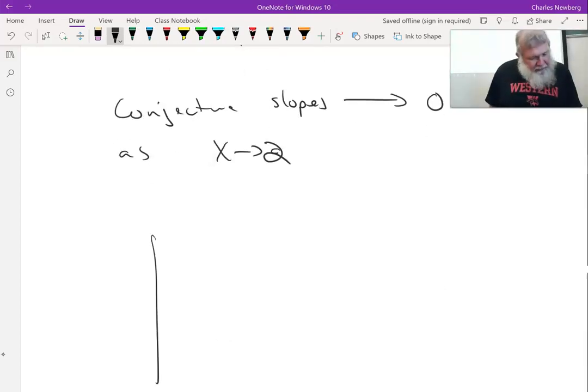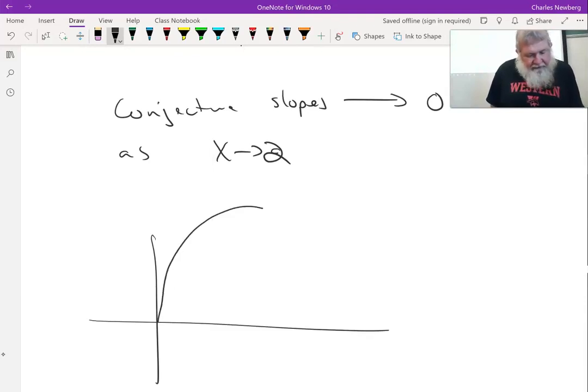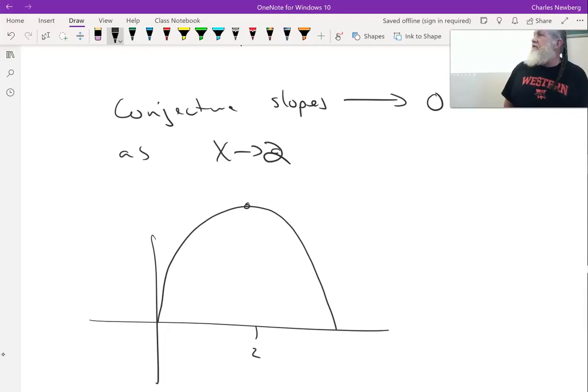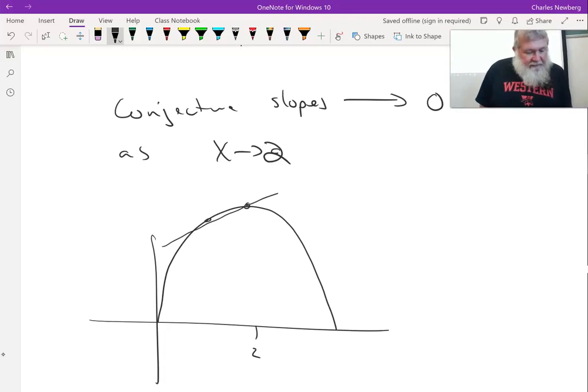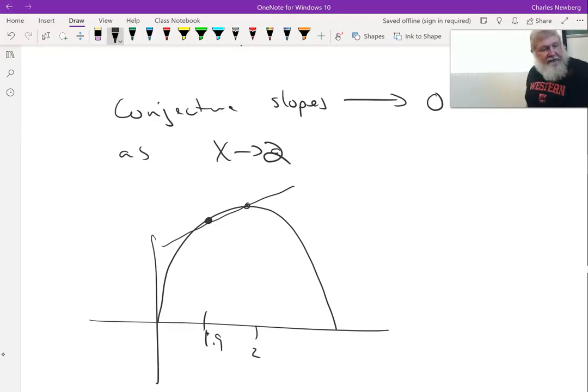Well, let me draw that picture now. Here's our function. Here was 2, which just happens to be the vertex of that parabola. We were finding slopes of secant lines, like here was 1.9. And what were we doing?